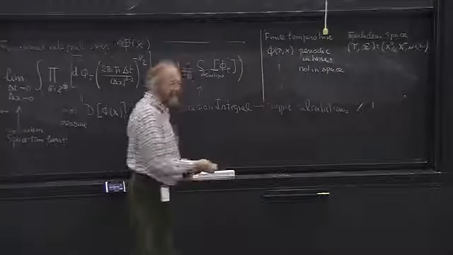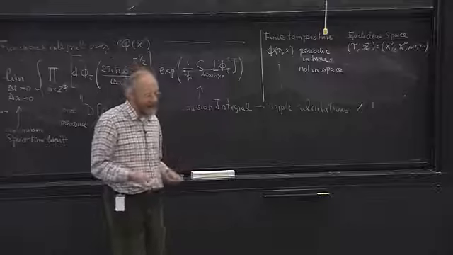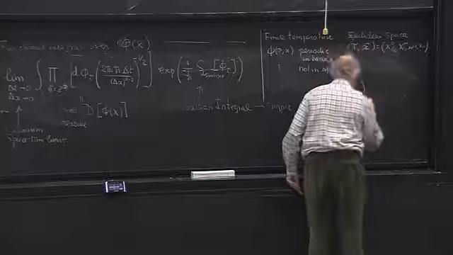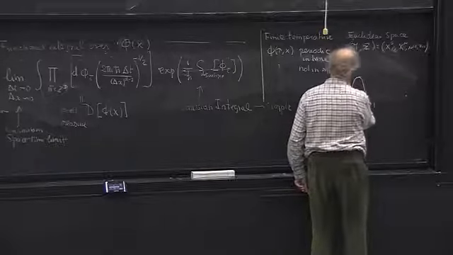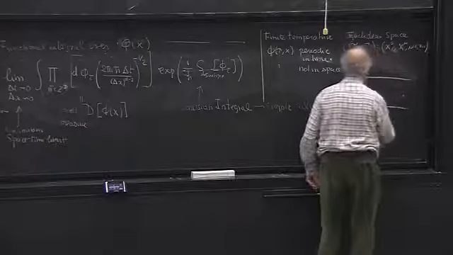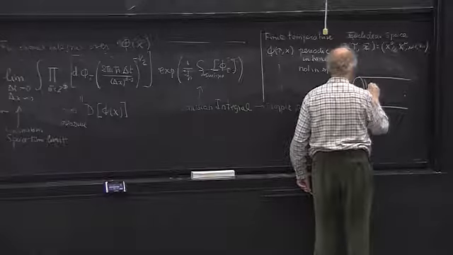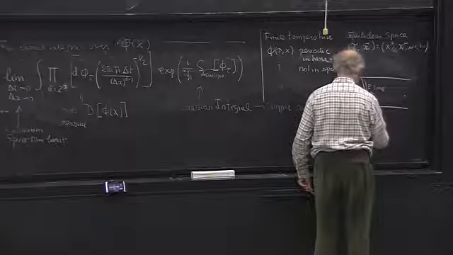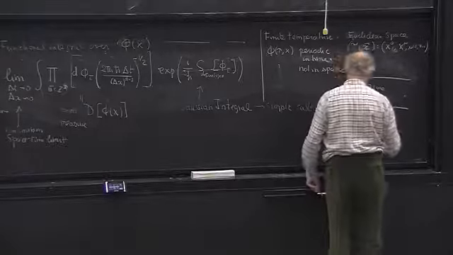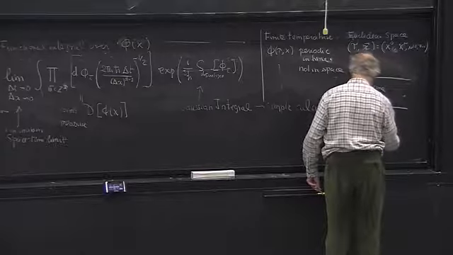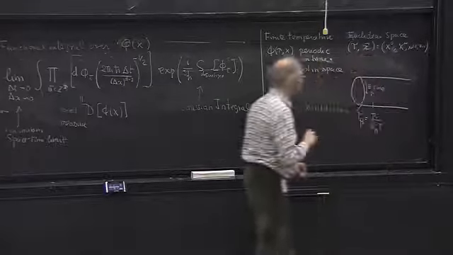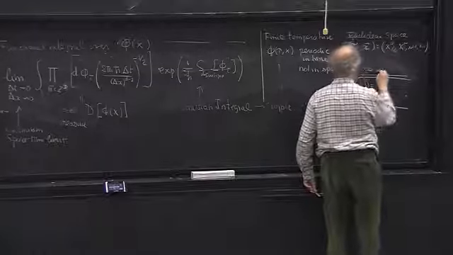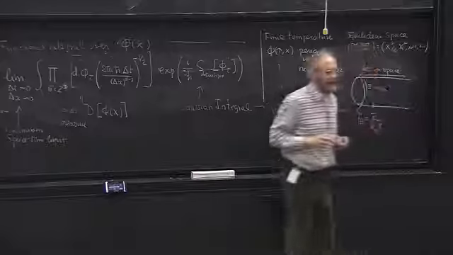So spacetime, d-dimensional Euclidean spacetime, has to be considered as something periodic in Euclidean time tau, with a period tau beta equal h bar over k_B T as usual, but infinite in space.